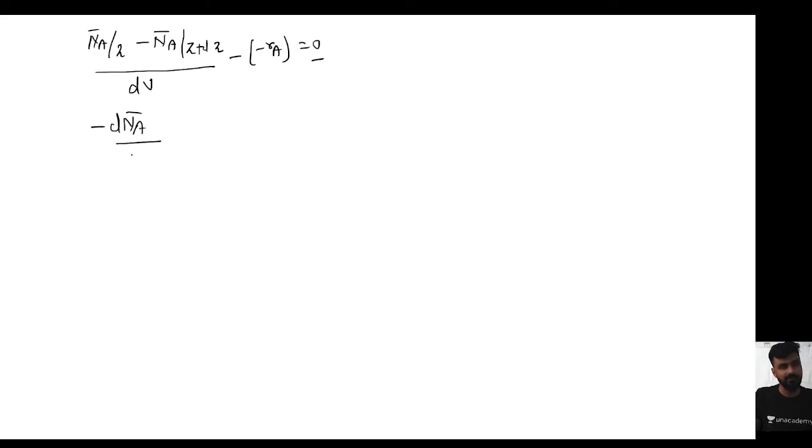That is equal to NA bar at z minus NA bar at z plus dz, and I am dividing it by dV, and minus of rA, that is equal to 0. Are you getting? So here this term will become minus dNA bar upon dV. All you know these things is just simple mathematics. Minus of rA, that is equal to 0.